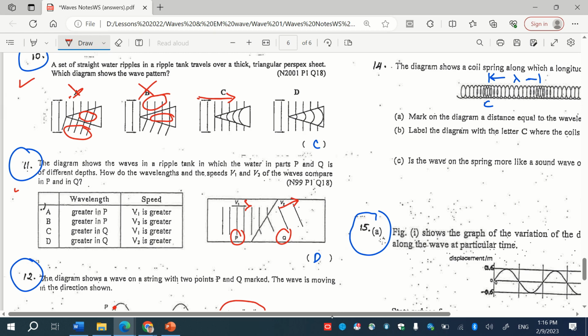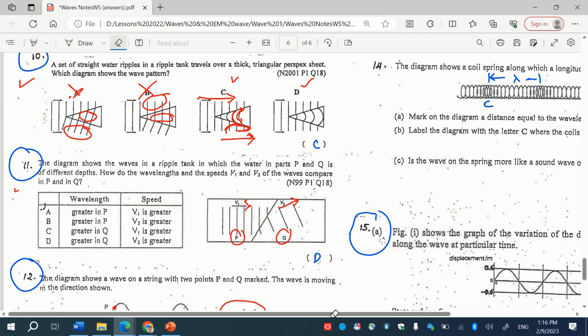You are left with either C or D, right? Why I choose C? Because it shows that while the wave is still in the deeper region outside, while the wave is going this way, can you see in the shallow region, they get dragged behind. They get dragged slower behind as compared to those outside, as the wave goes outward.